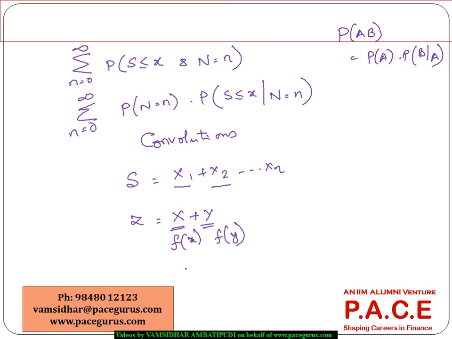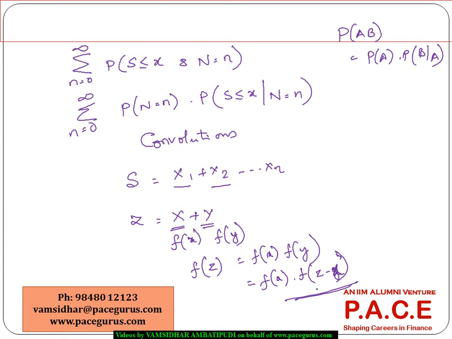probability density functions, then we can very comfortably write f of z as the convolution of f of x and f of y, right? And this can very well be written as f of x times, in case of f of y, I'll write it as f of z minus x.